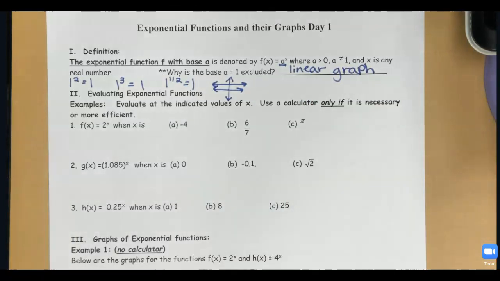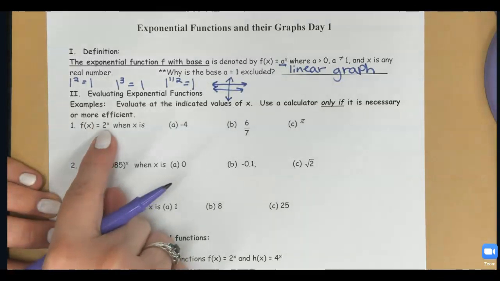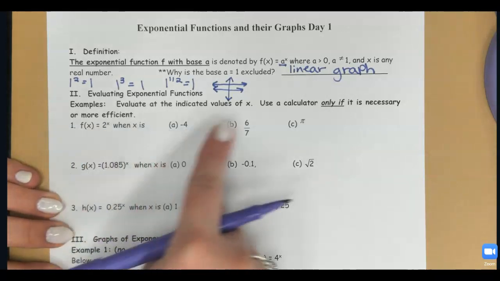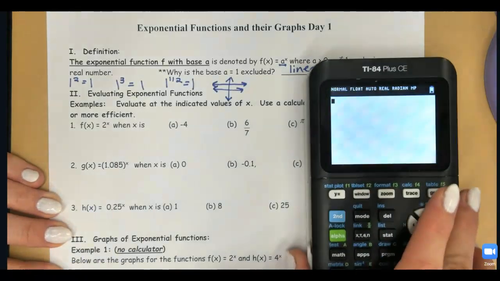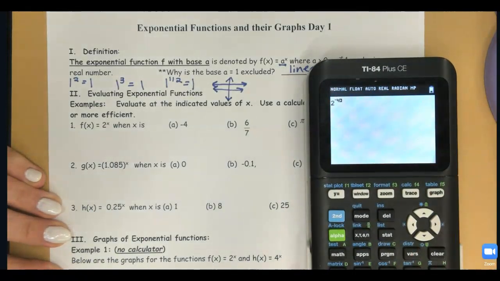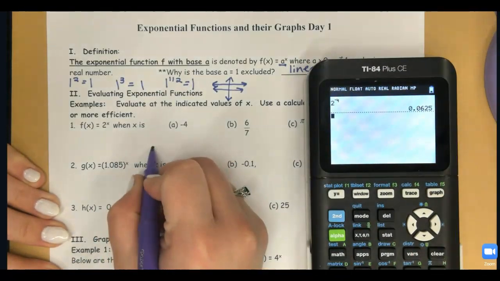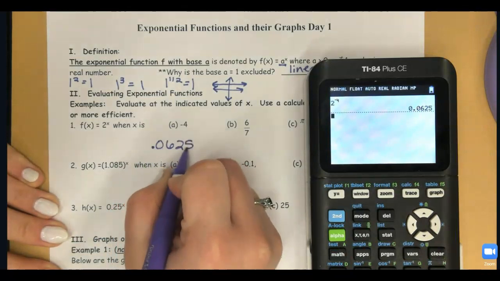So let's explore some things with a few different exponential functions. We're going to use our calculator for this. On this first function, my function is 2 to the x. So each of these values I'm going to put into my exponent. The first one I'm looking at is 2 to the negative fourth. That is 0.0625.